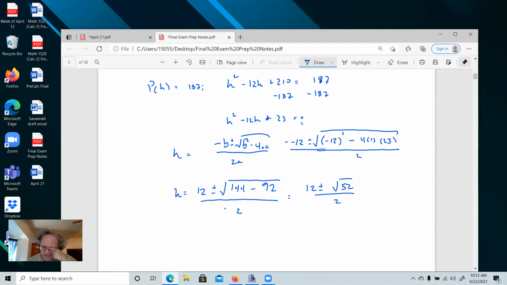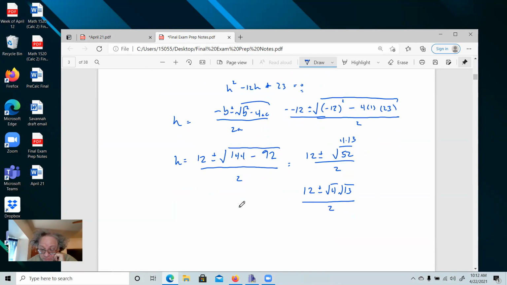Now, 52, I know there's 52 cards in a deck of cards, right? There's 4 suits at 13 cards per suit. So this is really 4 times 13 here. So we have 12 plus or minus the square root of 4 times the square root of 13 over 2. And the square root of 4 is 2.